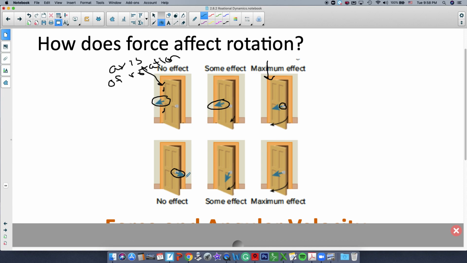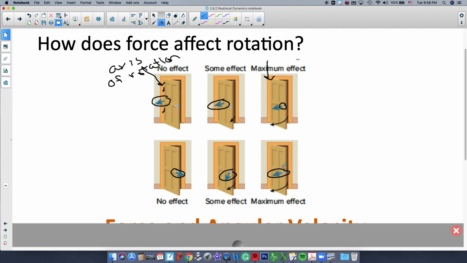We could maybe say that that is 180 degrees or 0 degrees or something like that. Okay, so that's not really going to do anything. And then right here, this one is not pulling straight on the doorknob. I'm standing off to the side and pulling at an angle. Okay, so that one's not going to do as much either. The best way to do it is pull straight from that.